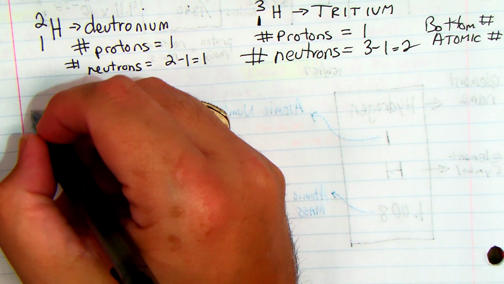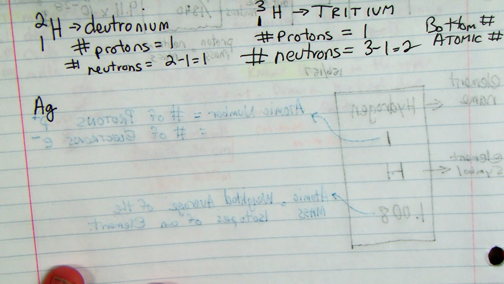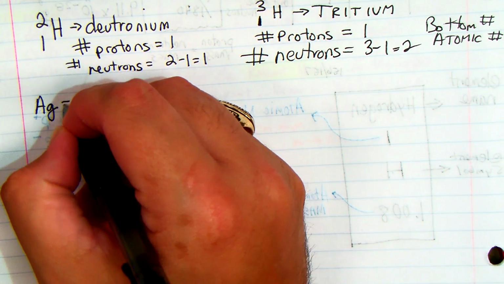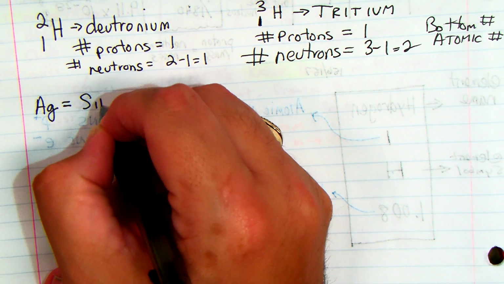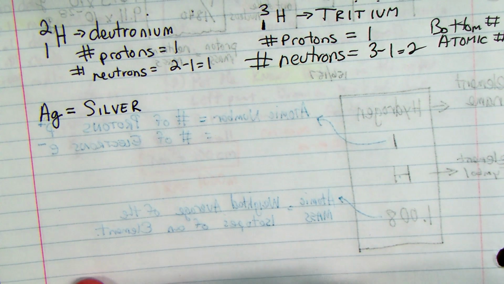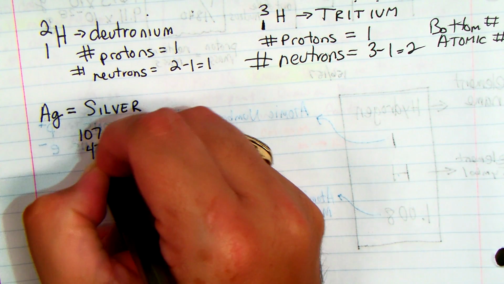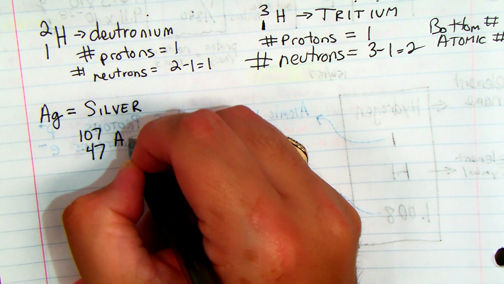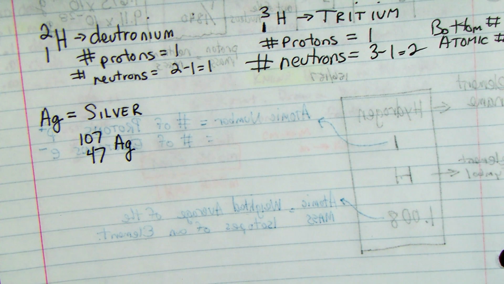All right, now, for Ag. Anybody know what Ag is equal to? No. Silver. All right, here's an isotope of silver.